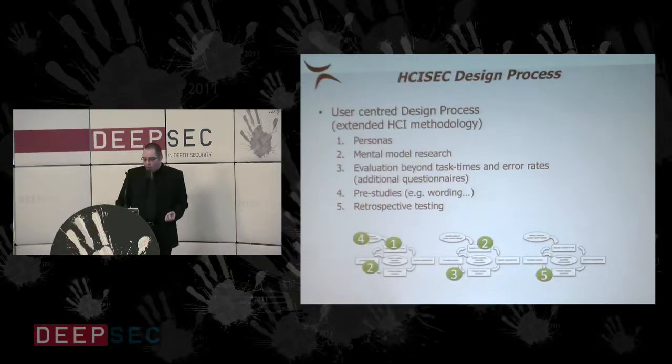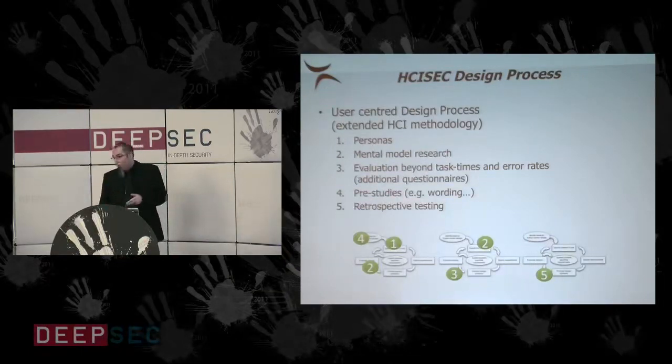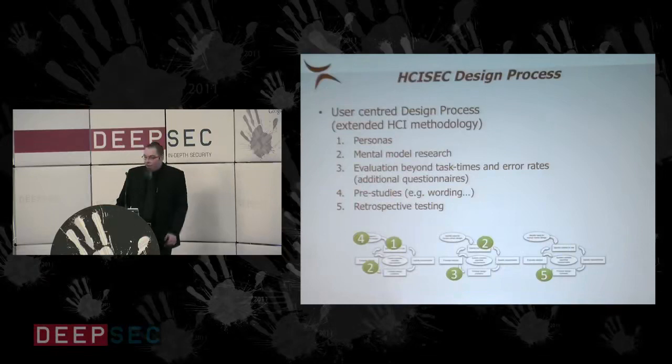I already stressed the importance of mental model research. Classical usability evaluation is more based on task times and error rates, whereas HCI security evaluations are based on a deep understanding of what has happened.